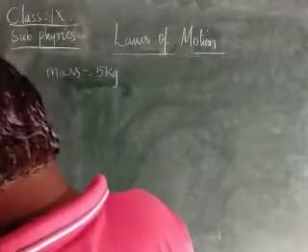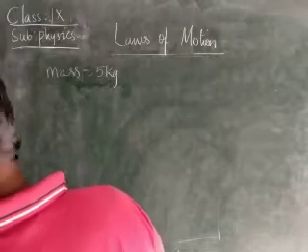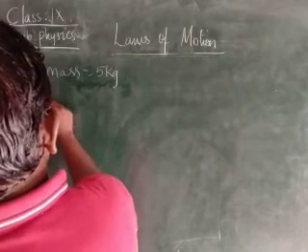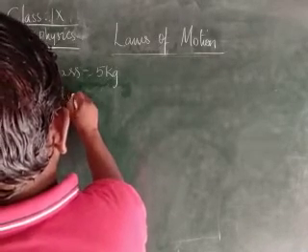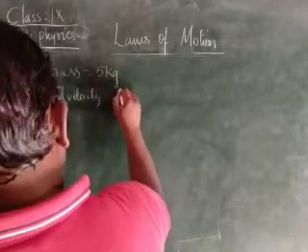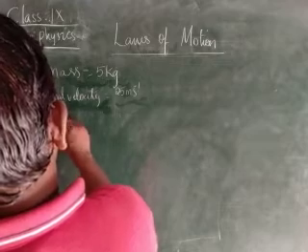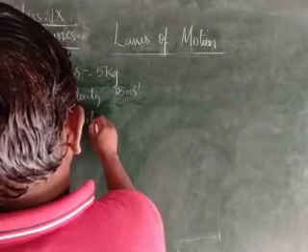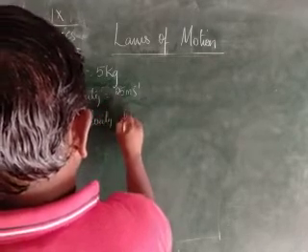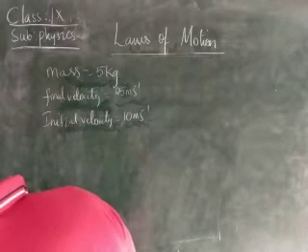Okay, children, mass is given as 5 kg, and here its final velocity is given as well as initial velocity. Final velocity is equal to 25 meter per second, and initial velocity is 10 meter per second.